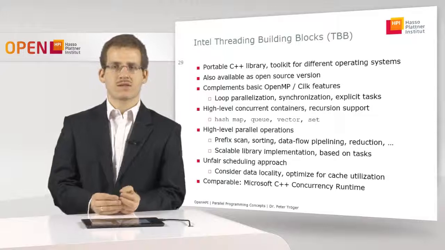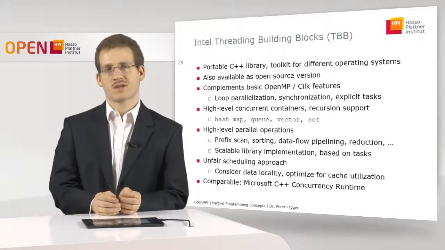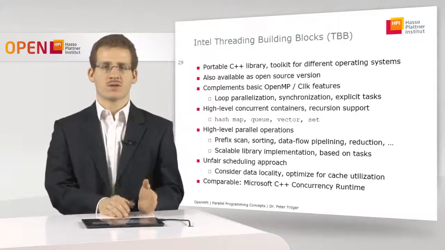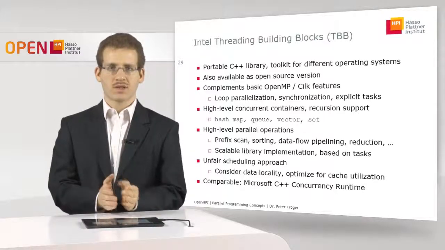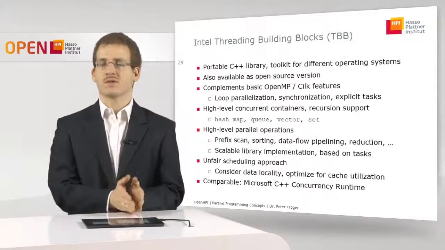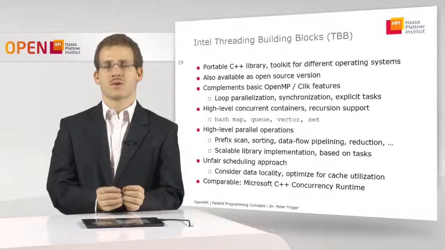Intel TBB has also something that is called an unfair scheduling approach. So whenever you work with tasks in TBB, it will prefer the solution to the memory wall by, for example, doing clever caching or prioritizing particular threads in order to use caching effects instead of making sure that all your tasks get an equal share of the resources.